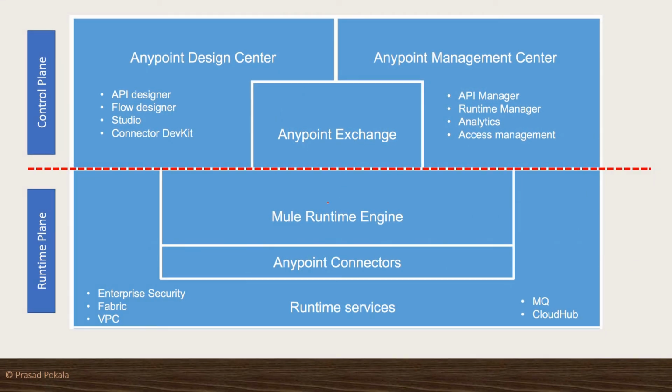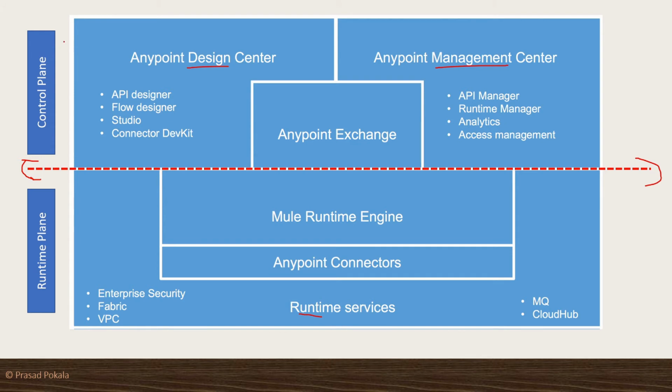If you remember, we had a look at one diagram during the demonstration of various components of the platform, I think two videos before. There we saw the segregated Mule components, like Anypoint Management Center, Design Center, Runtime Services and all. To make it easy for you, I have taken the same diagram and drawn a line between the components so that you can clearly know which section falls under the runtime plane and which falls under the control plane.